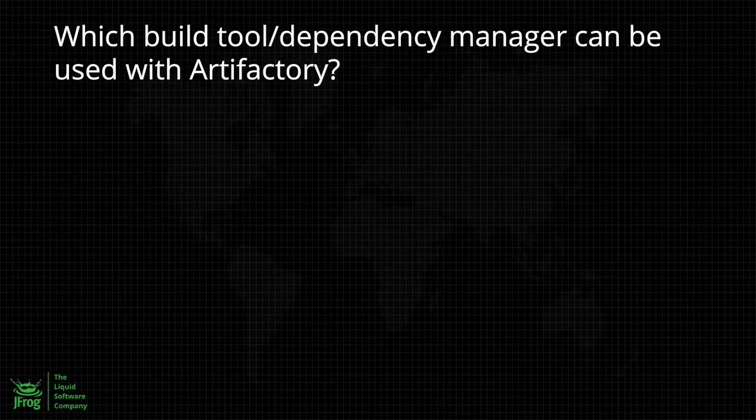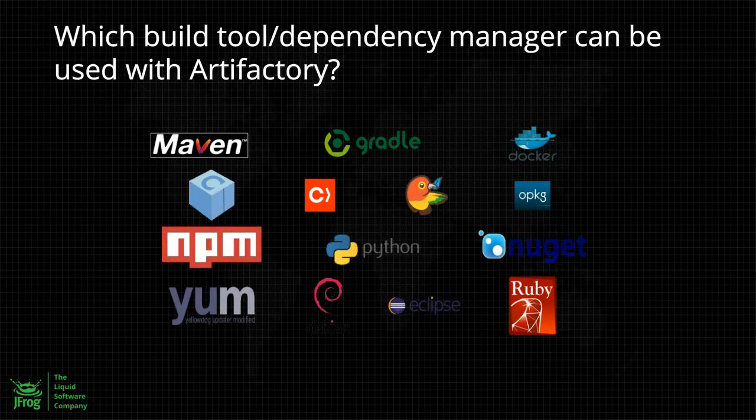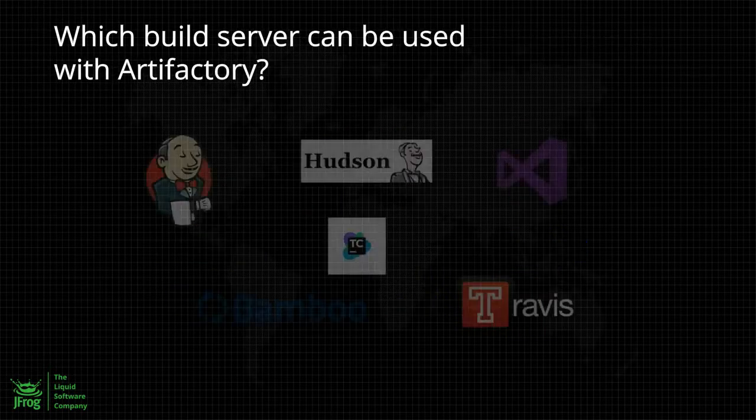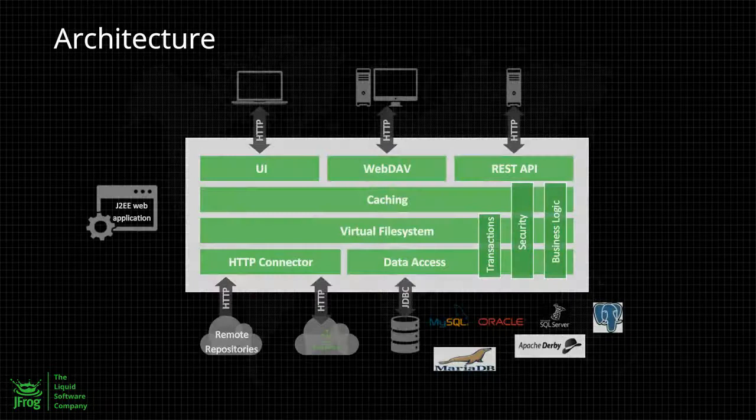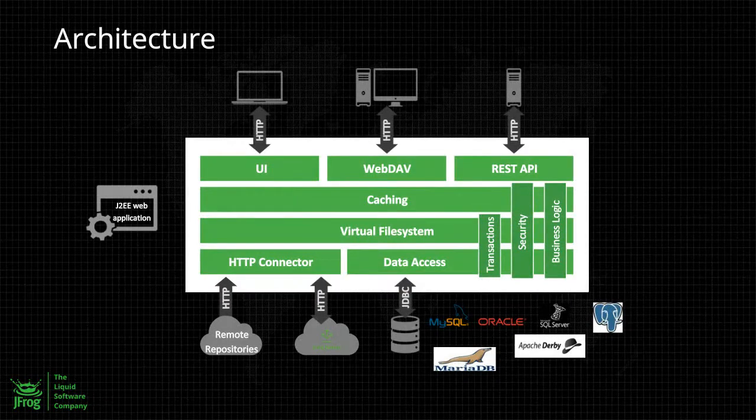So this is where you can start to really use Artifactory to both store your binaries, but also track the lifecycle of those binaries along your toolchain. I said it's integrated with most binaries, and let's have a very quick look at Artifactory's main components.